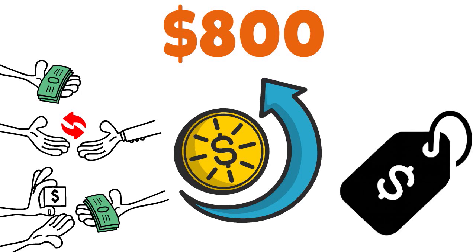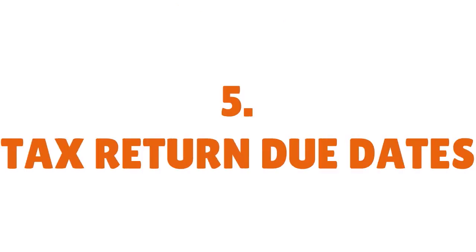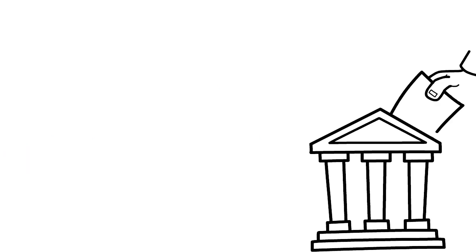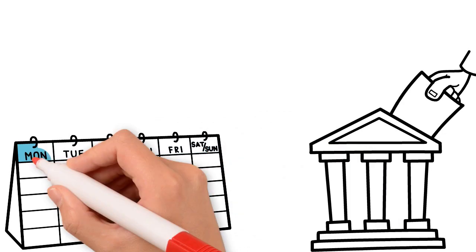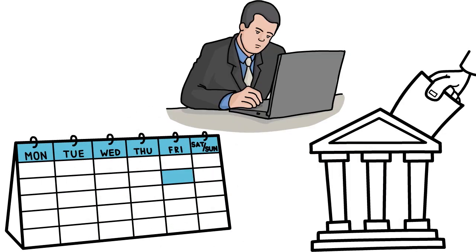You want to pay attention to the important tax return due dates for your LLC. There are many different ways that LLC taxes are paid, and because of this and all of the different tax forms, there are several different due dates. For a single member LLC, your Schedule C and Schedule SE are due April 15th.